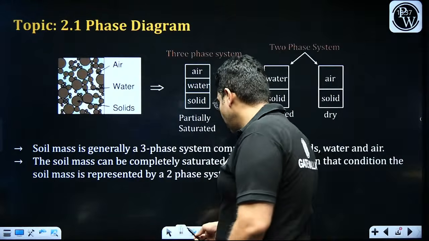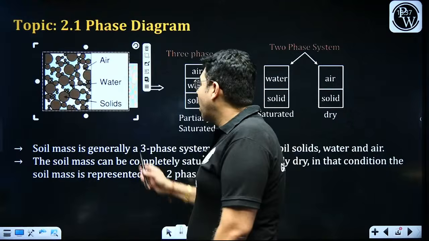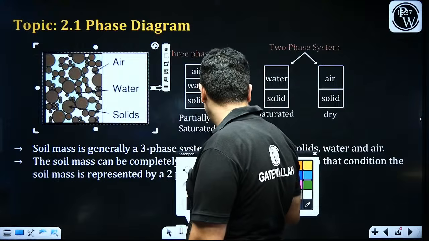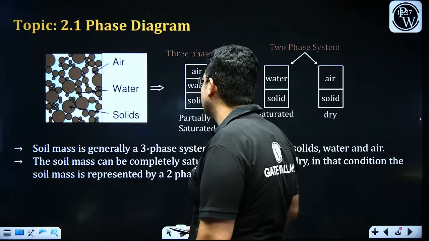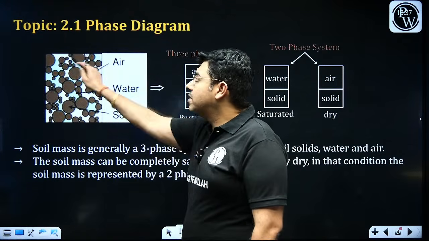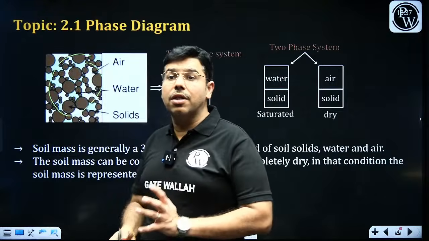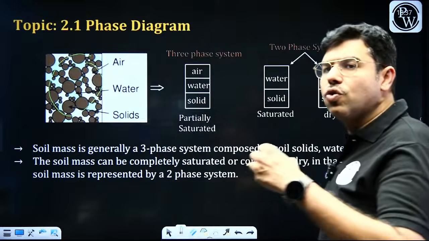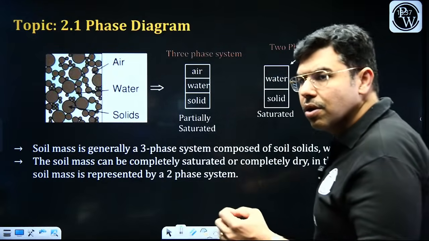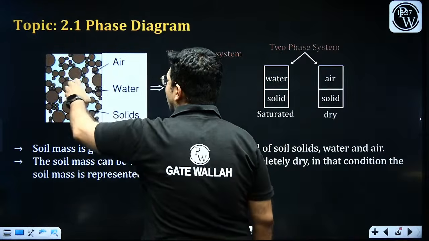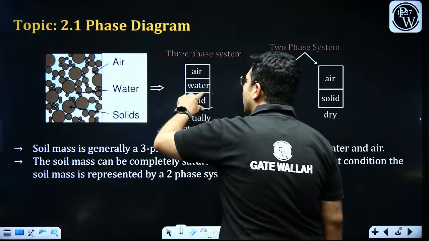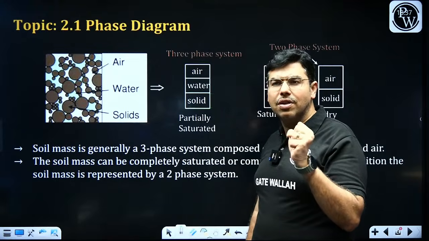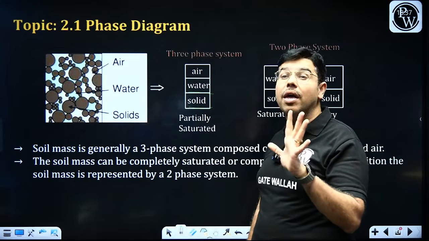So beta, what I want to say is that now I can represent this whole thing in a phase diagram. How? Please focus. It's an imaginary thing that I am talking about, okay. If you take out all the soil solids from here and you pack those solids such that there will be no voids, it's an imaginary situation.